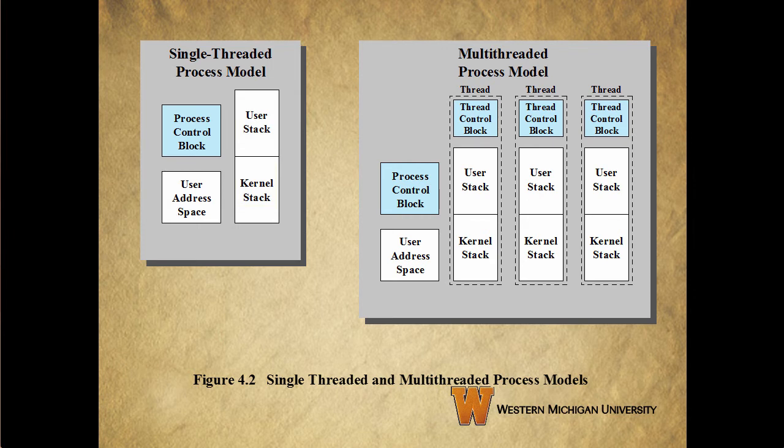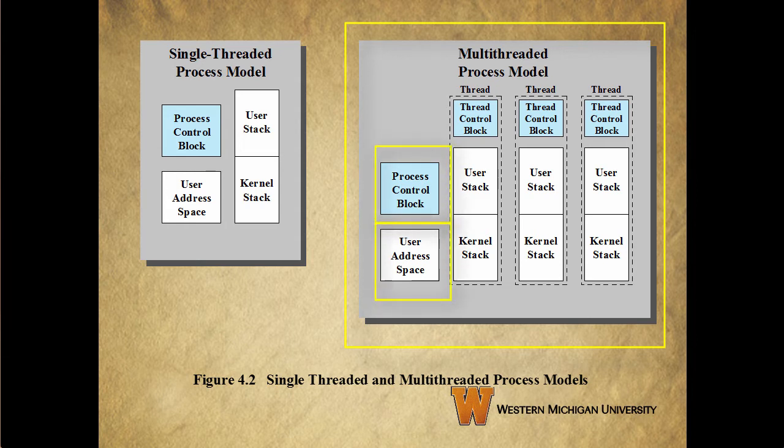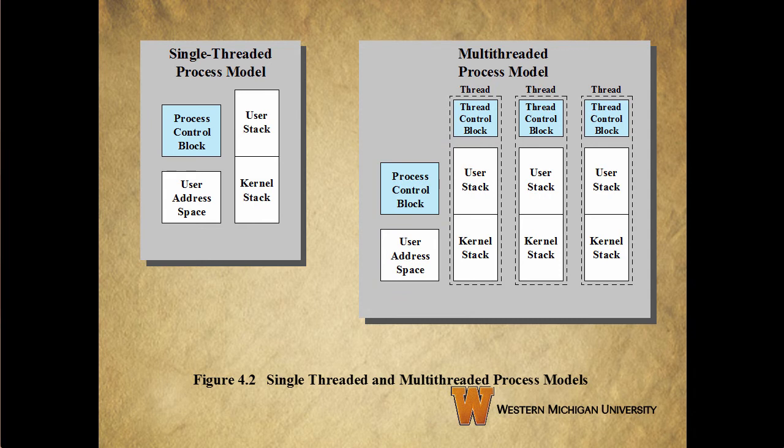While the process is running, it controls the processor registers, and the contents of these registers are saved when the process is not running. In a multi-threaded environment, we still have a single PCB and a single user address space associated with the process, but now there are separate stacks for each thread, as well as a separate thread control block for each thread containing register values, priority, and other thread-related state information.